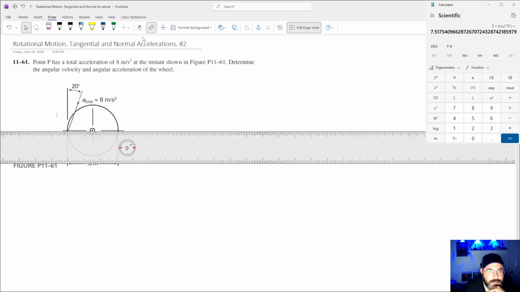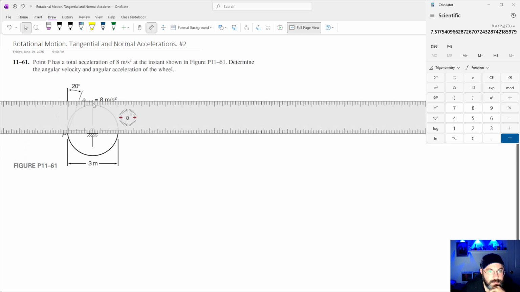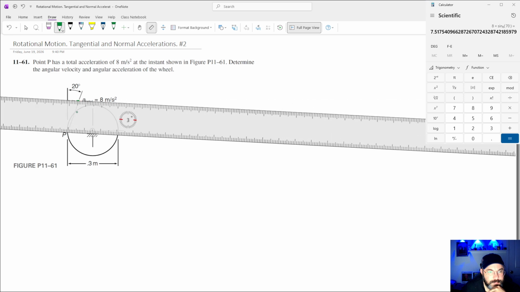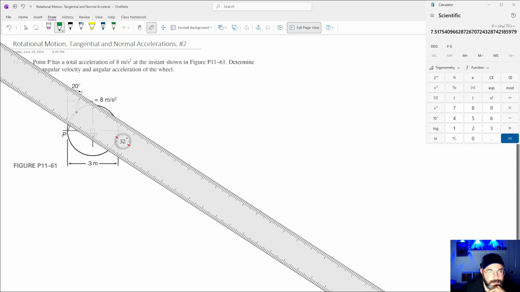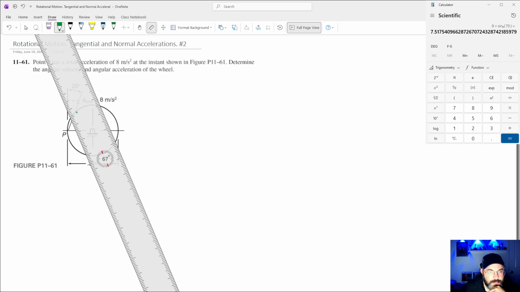So let's draw a tangential component. So this is going to be our tangential component. And then we will also draw normal.